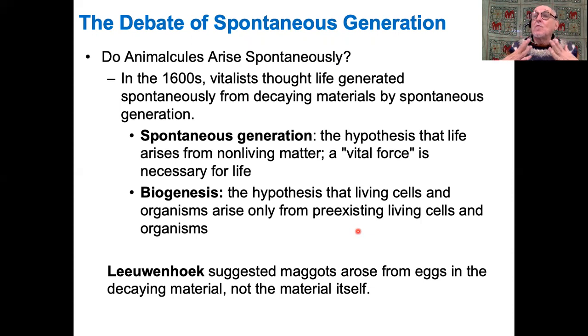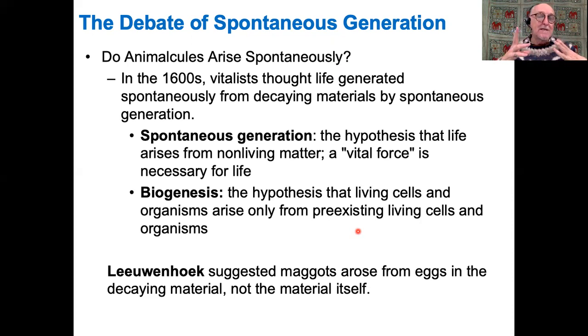And even when the early microscopists examined it and saw little animalcules, it was believed by many people that those had arisen spontaneously, that the fluids themselves in decaying had generated these organisms. And this was called spontaneous generation.